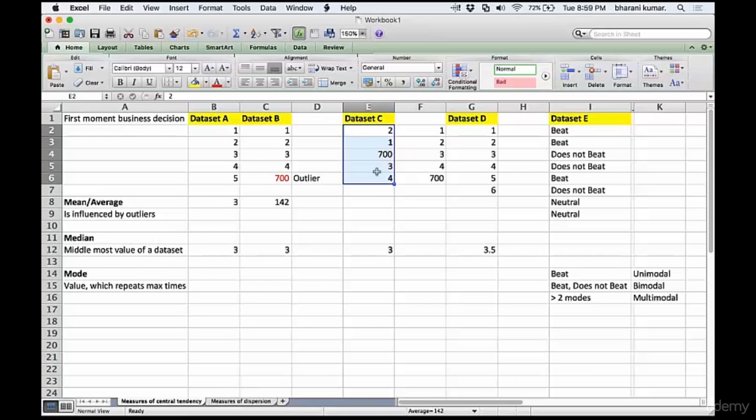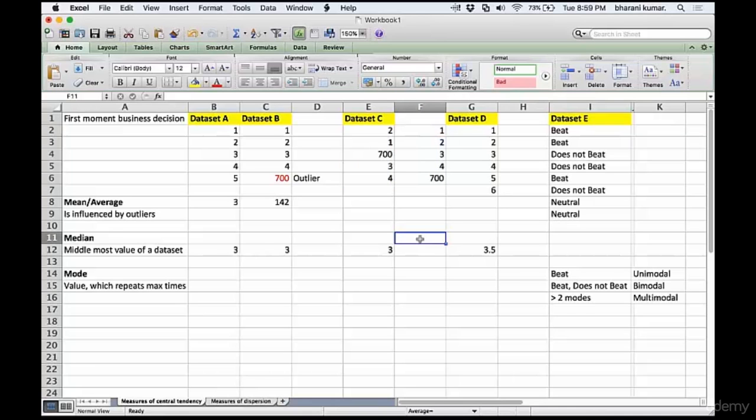So what is going wrong here? You have to first sequence the numbers in an order: 1, 2, 3, 4 and 700. First sort these numbers in a sequence, either in ascending or descending order, and after that you pick the middlemost value, which happens to be 3.